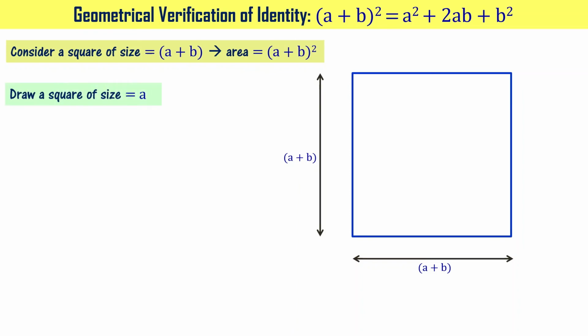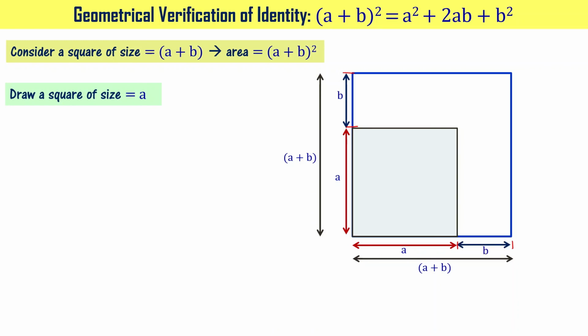Let me draw a square of size a within this square. As you see here, the small square I have drawn has side length a, right? The remaining part, from here to here, is going to be b. Similarly, the remaining part on the other side is also going to be b, right?